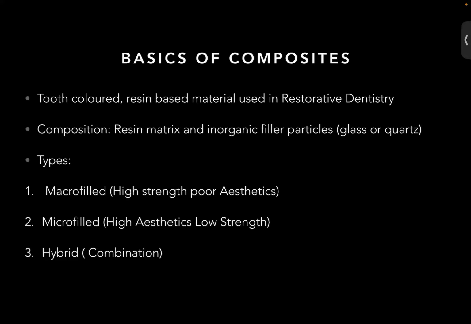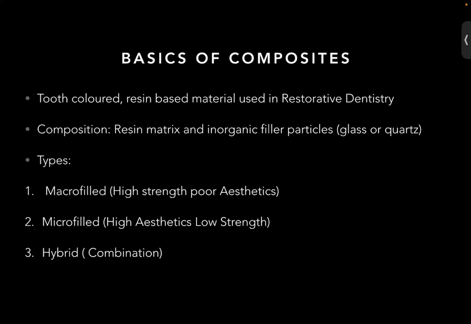So let's start with some basics. Composite is a tooth colored resin based material which is used in restorative dentistry. It is composed of resin matrix and inorganic filler particles, which can be glass or quartz. There are many types, but the basic division is macrofilled, microfilled, or hybrid, which is based on the size of filler particles.